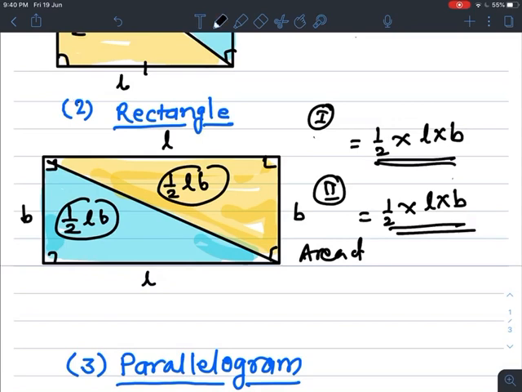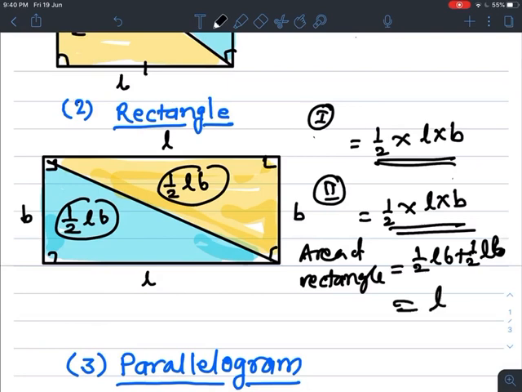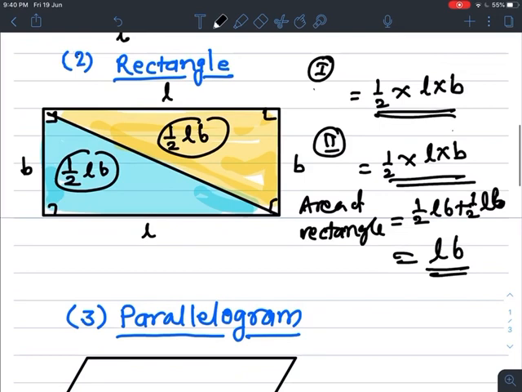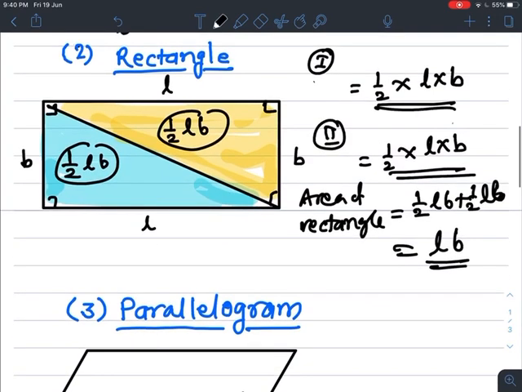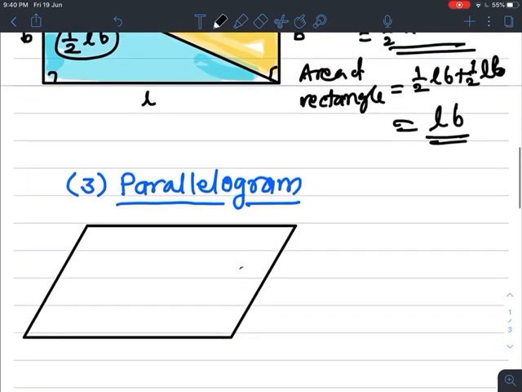So the area of the rectangle is equal to half LB plus half LB. Half LB plus half LB is equal to LB, means L into B. So thus we got the area of the rectangle is equal to LB, means length into breadth. So this is the second formula.